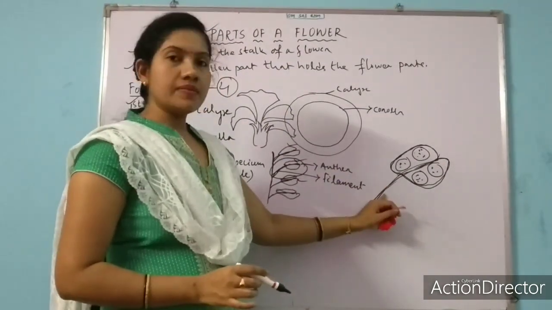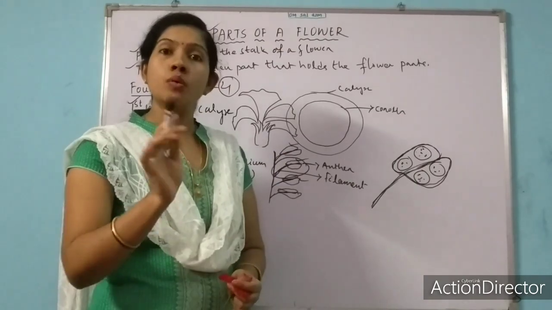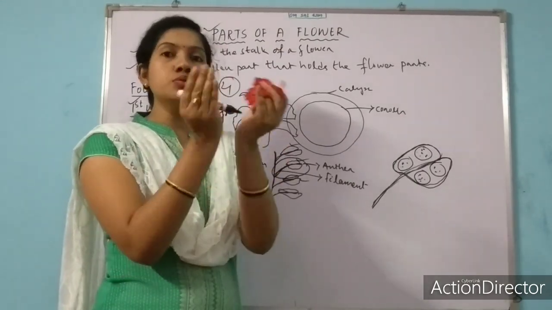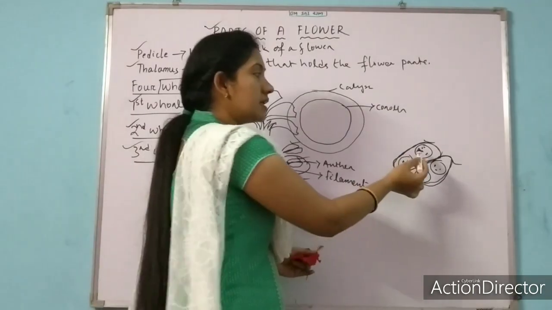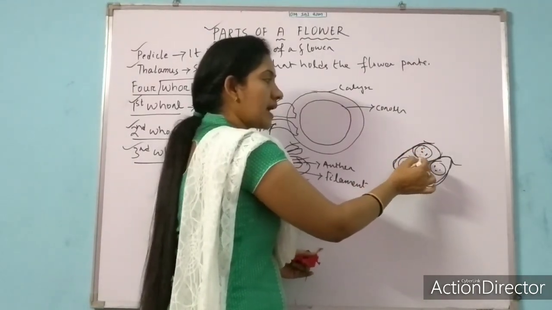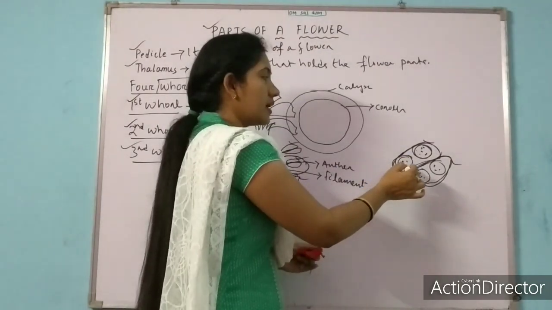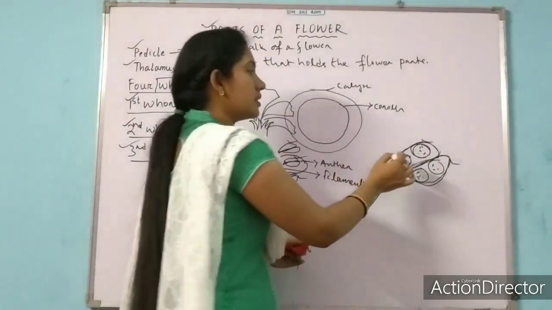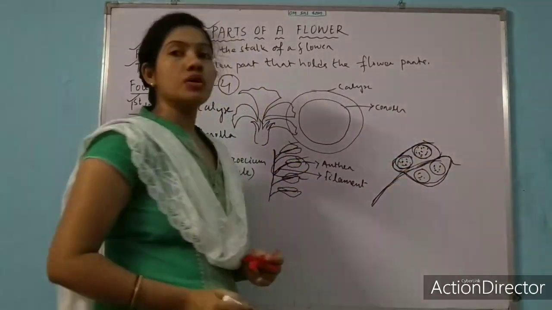So this is the filament, this is the anther. Anthers are generally bilobed in structure, meaning they have two lobes. You can see this is a lobe and this is a lobe. Each lobe contains a sac, which we call the pollen sac. And inside the pollen sac they have a small yellowish powder-like substance. We call it pollen grain.